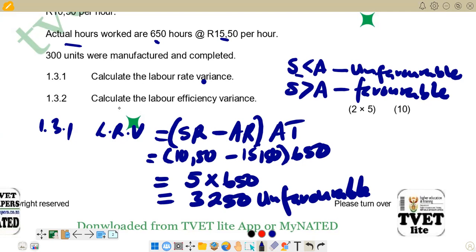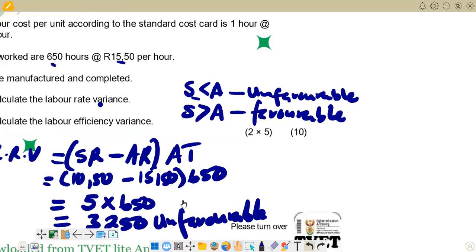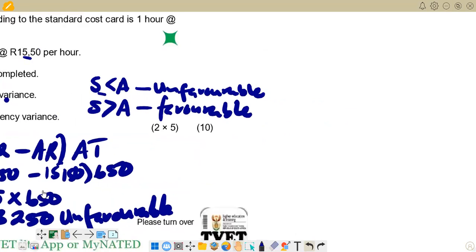Then we go to the second part, which is calculate the labor efficiency variance. Again, we are supposed to come up with the formula for labor efficiency variance.